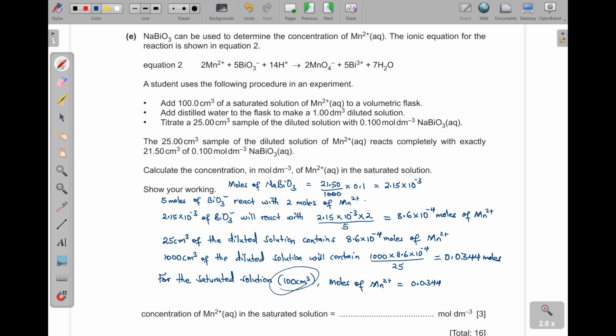In the saturated one, they got that concentration which is in 100, and then they added all of them together, 10 of them. This is what we call inverse proportionality in mathematics.